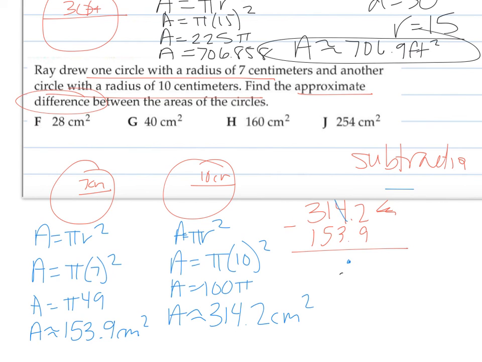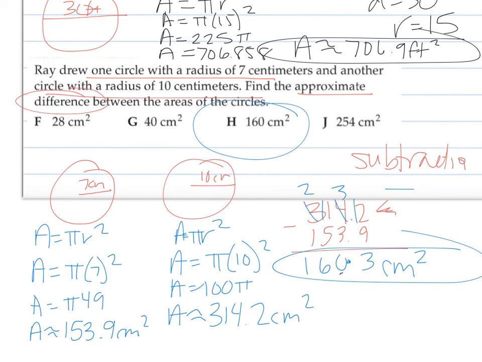Bring my decimal down. Do some subtraction. And I get 163 and 3/10 square centimeters difference. So approximately, this one looks like they wanted us to round to the nearest whole number.